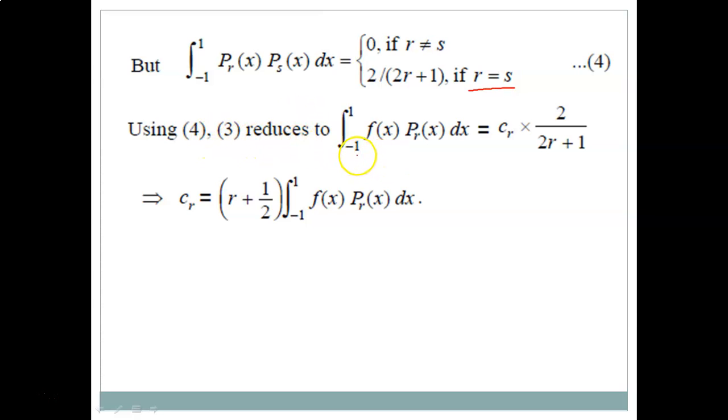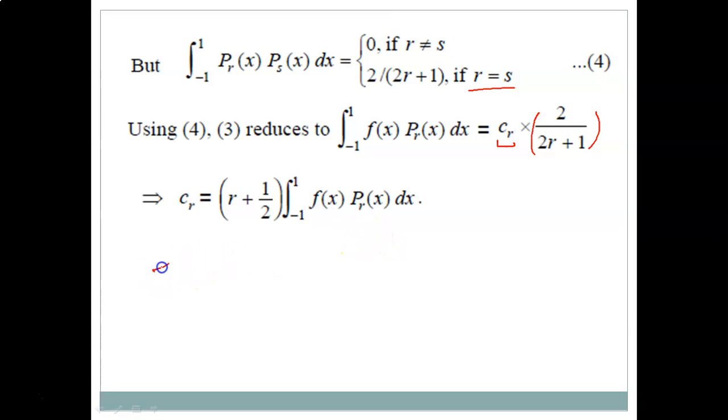Now using 4 in 3, equation 3 reduces to the form: the left hand side is the integral from -1 to 1 of f(x) P_r(x) dx, and on the right hand side we are left with only one term, 2 by 2r plus 1 times c_r, whenever r equals s. So from here we can get the value of the coefficient c_r. You take this 2 divided by 2r plus 1 to the other side, so we get the value of c_r equal to this.